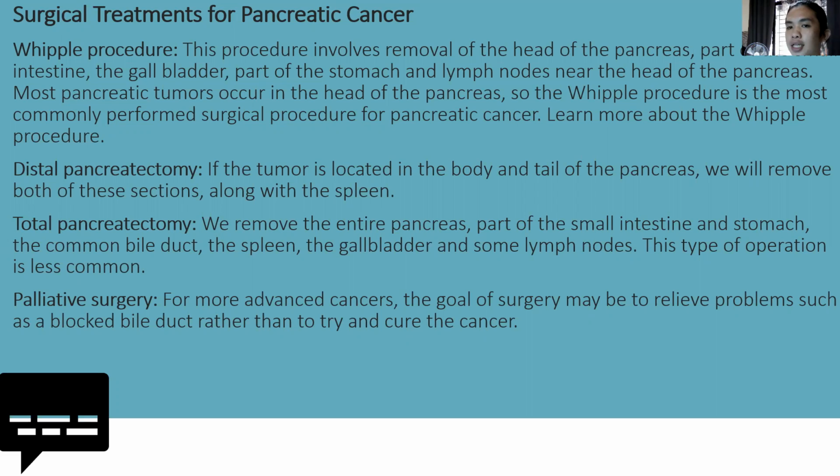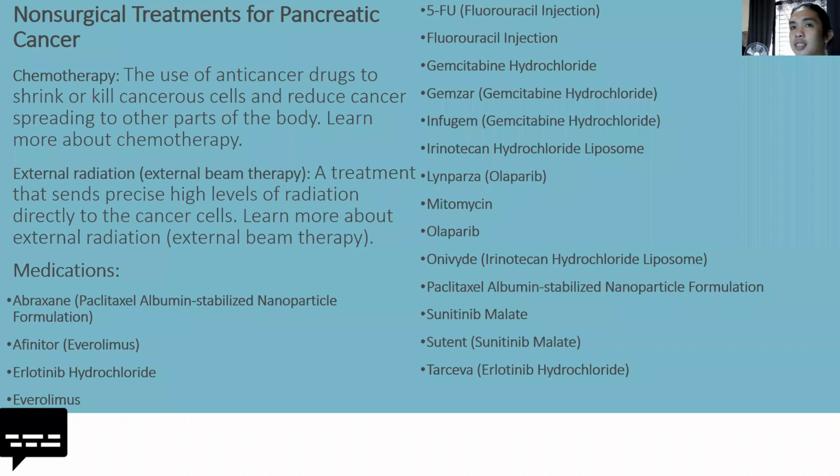Last one is palliative surgery. It is for more advanced cancers. The goal of surgery may be to relieve problems such as bile duct block, rather than to try to cure the cancer.